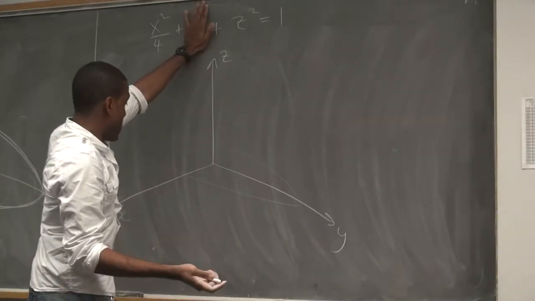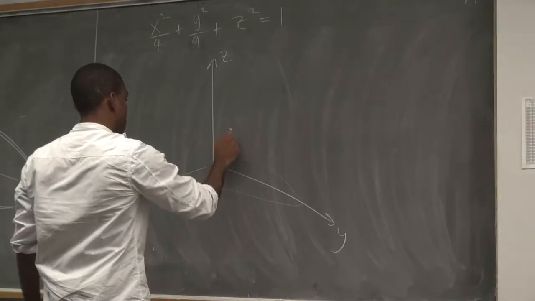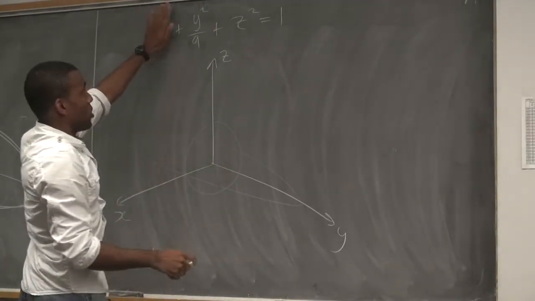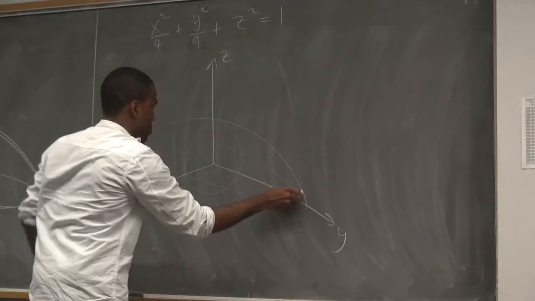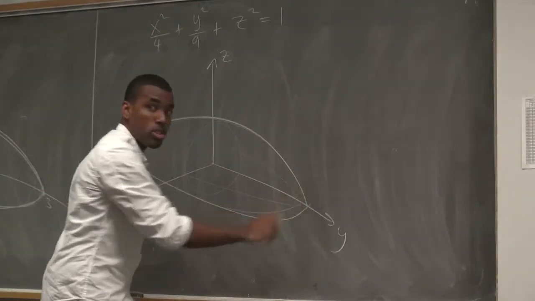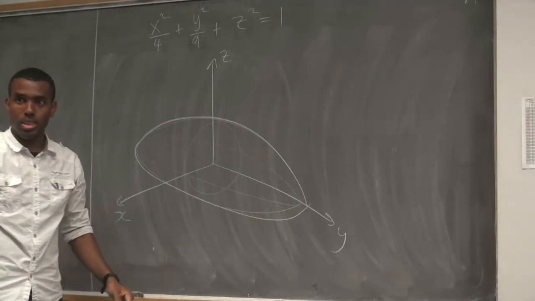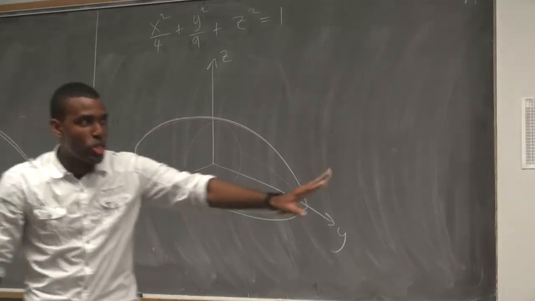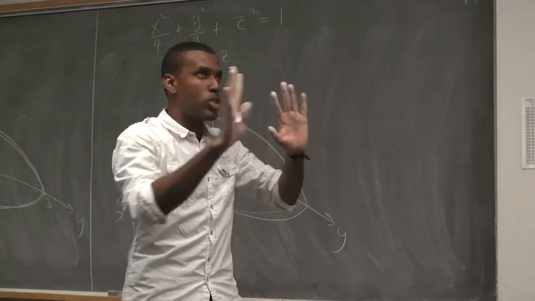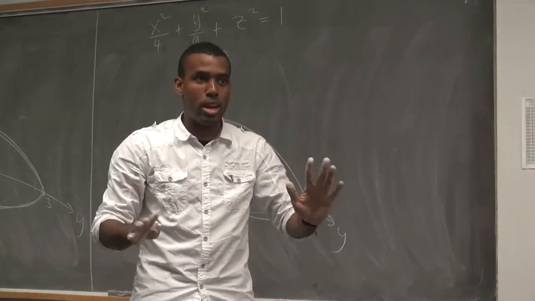Also an ellipse in the xz, so I'll draw that. And it's also an ellipse in the yz, so I'll draw that. And then you put them all together on the 3-dimensional graph, all at once. So basically you're doing this, but you're doing it in each wall on the 3-dimensional graph.